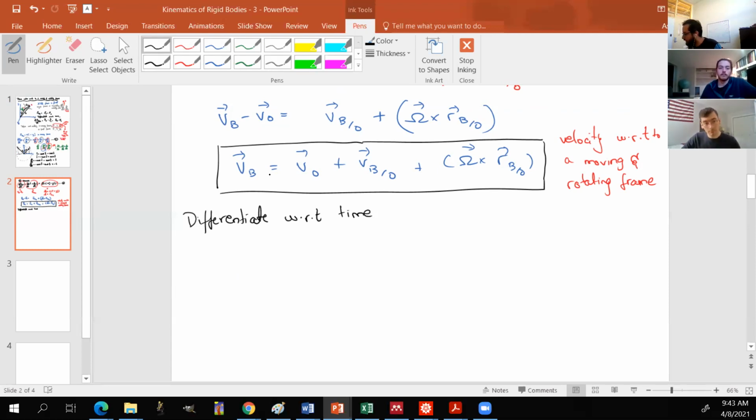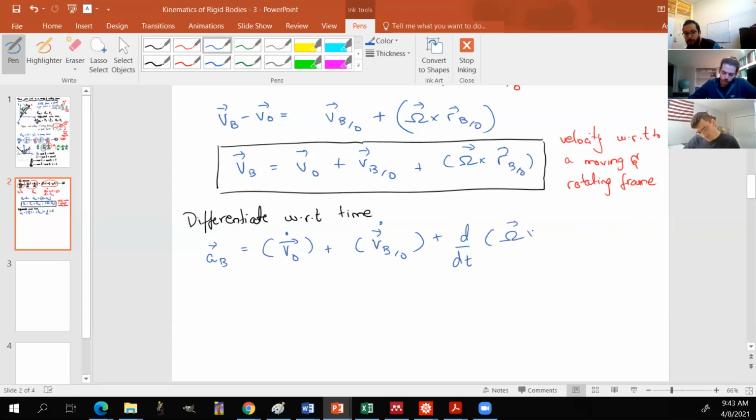Differentiating this expression with respect to time, you find that VB dot, the acceleration of B, is going to equal VO dot plus V of B relative to O dot plus the differentiation with respect to time of omega crossed with R of B relative to O.